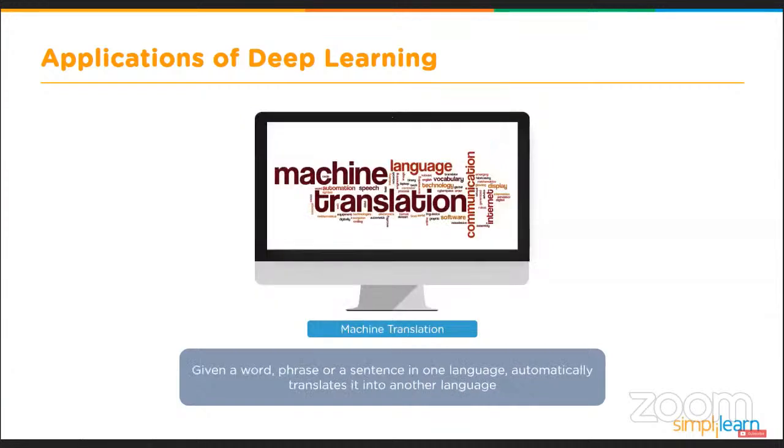A couple of other applications are machine translation. So today we have a lot of information, and very often this information is in one particular language, and more specifically in English. And people need information in various parts of the world. It is pretty difficult for human beings to translate each and every piece of information or every document into all possible languages.